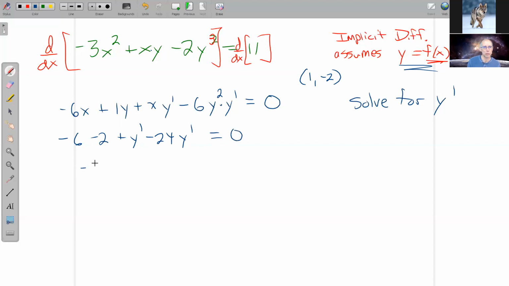Combining like terms, we get negative 8 minus 23y prime, add the 8 over, divide by negative 23. So we think the slope is 8 over negative 23.